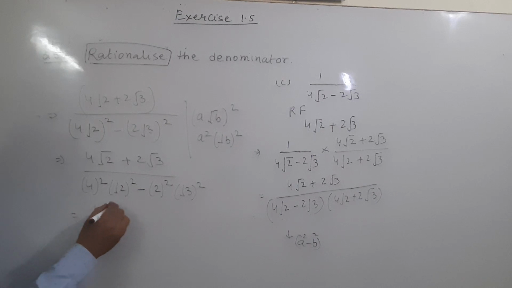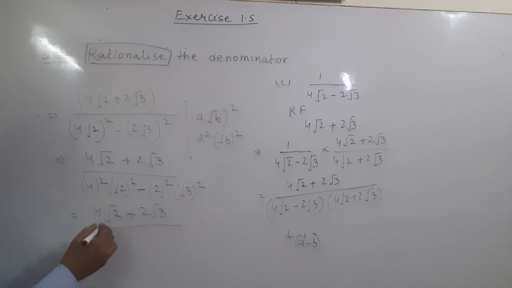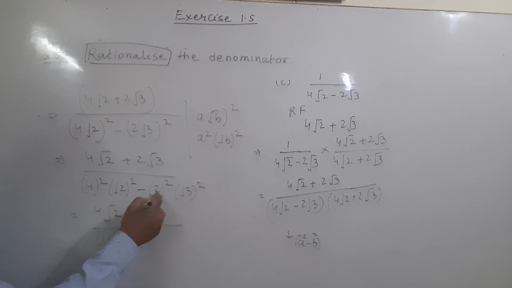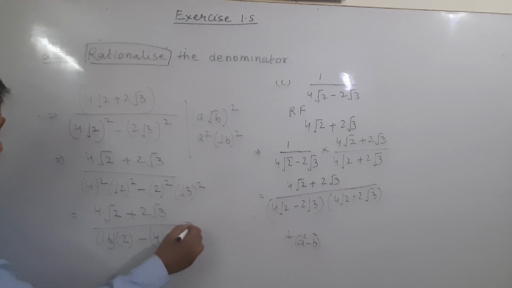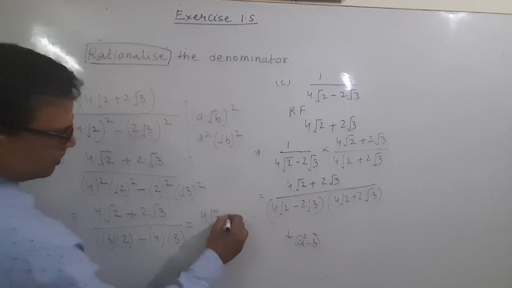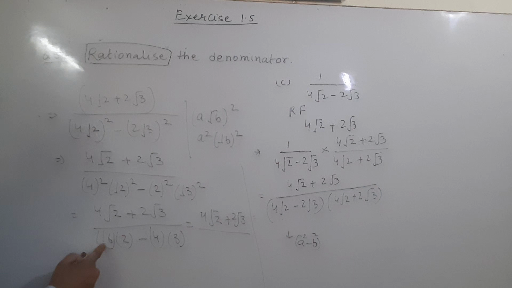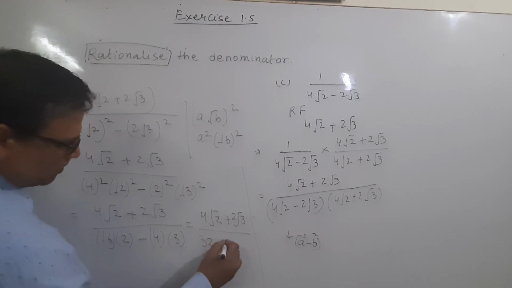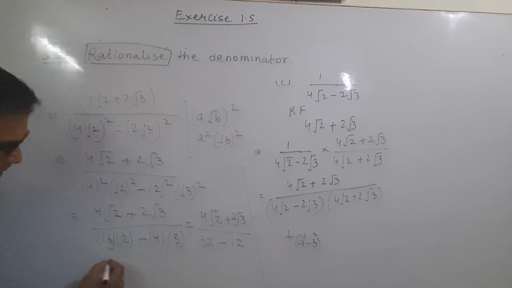The numerator will be the same, 4 root 2 plus 2 root 3, and 4 square is 16, root 2 square is 2, minus 2 square is 4, root 3 square is 3. It will be the same, 4 root 2 plus 2 root 3 upon 16 into 2 is 32, minus 12. The numerator is the same, 32 minus 12.